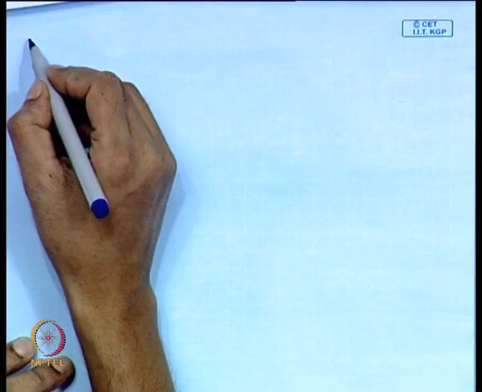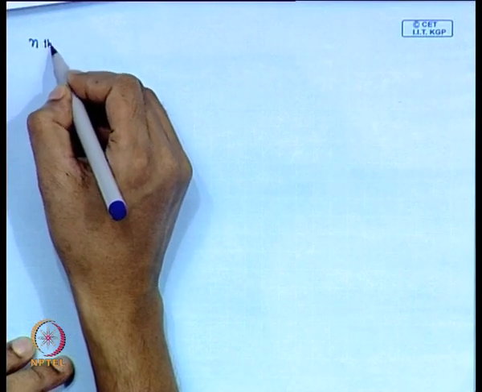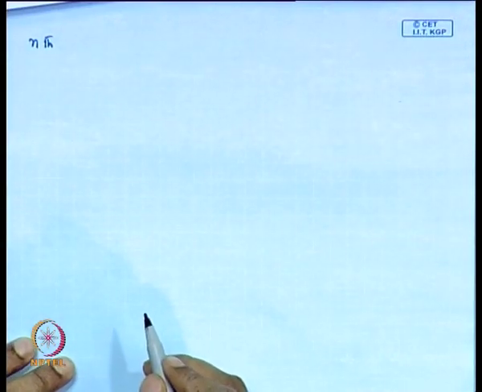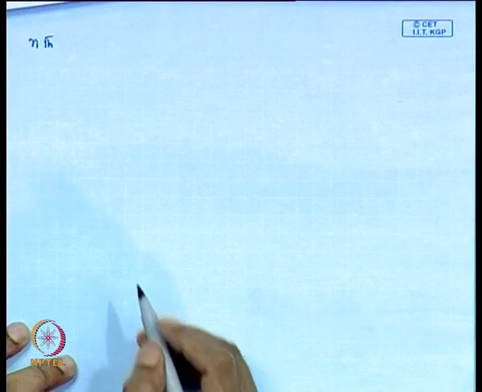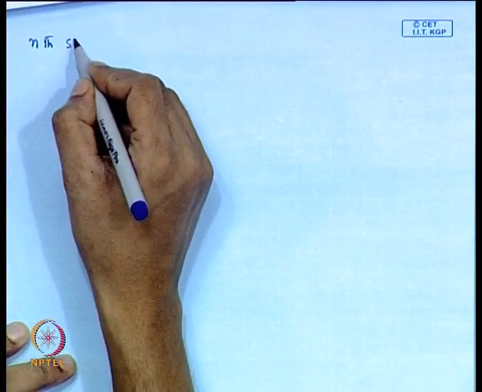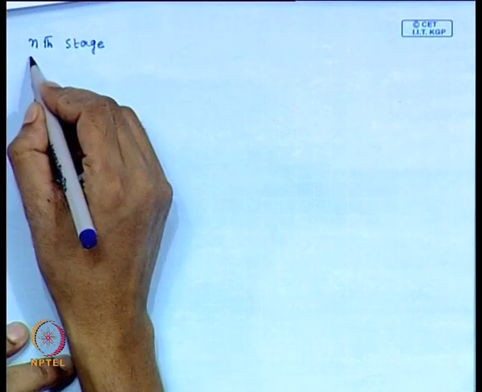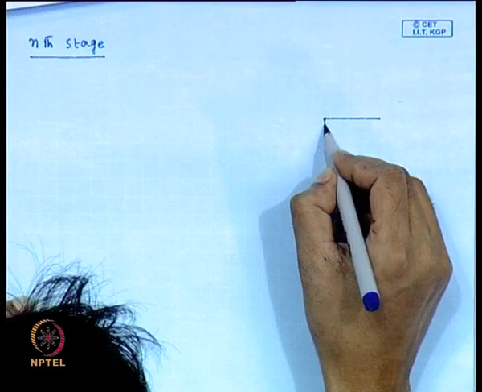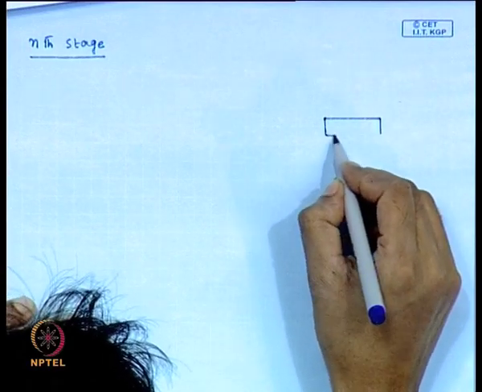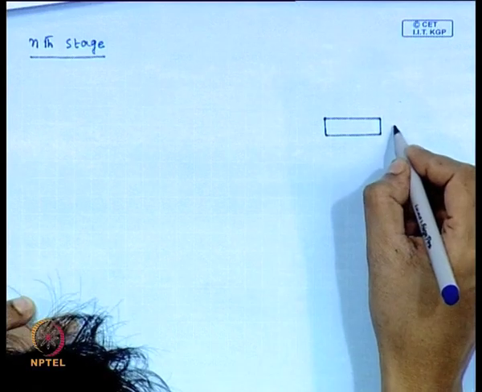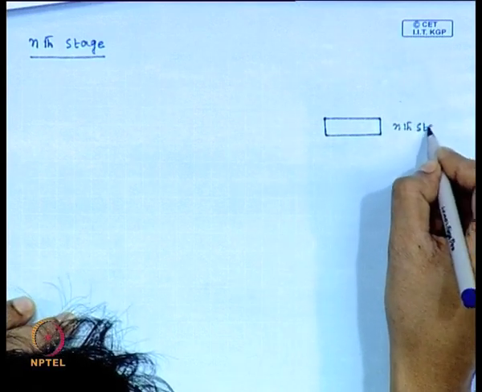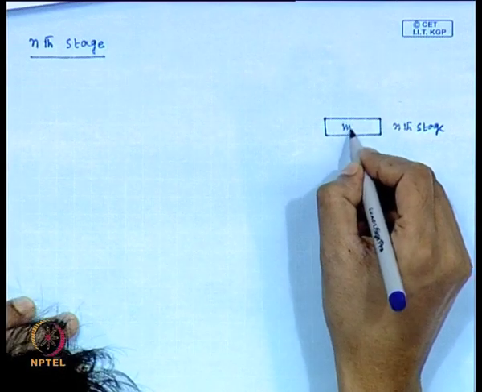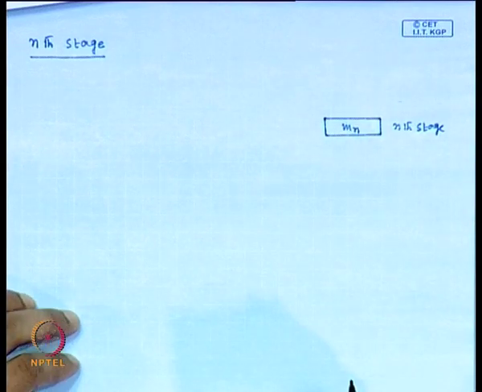Next we will consider the third envelope, that is any tray, which we will represent by the nth tray. So, nth stage, fine. Now, this is the schematic of the nth stage. The nth stage hold up is m suffix n.